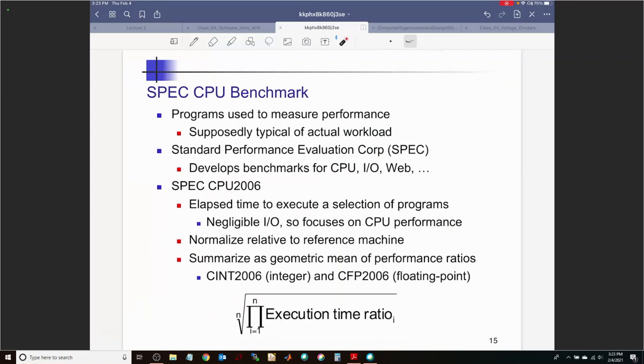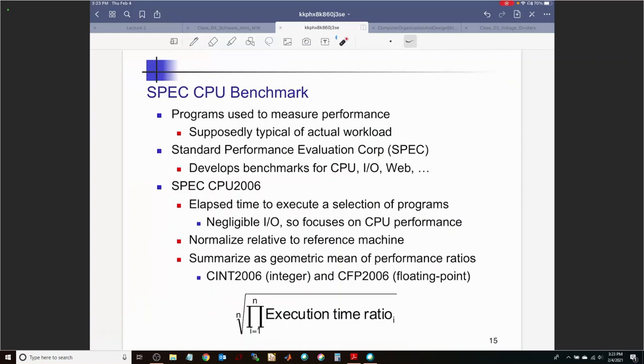Let's take a look at some. By the way, SPEC started in '89, and they had a particular workload of programs that was called SPEC89. After that, there were a couple more changes to SPEC.